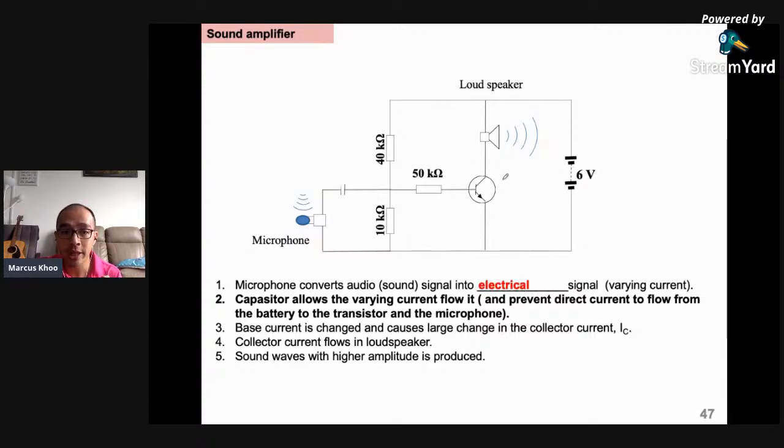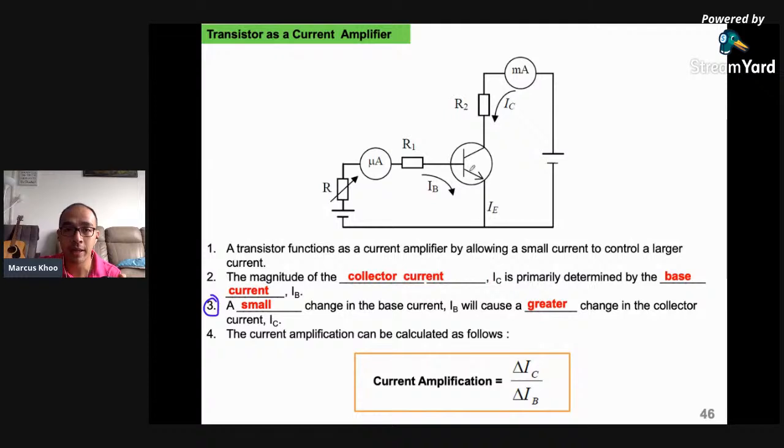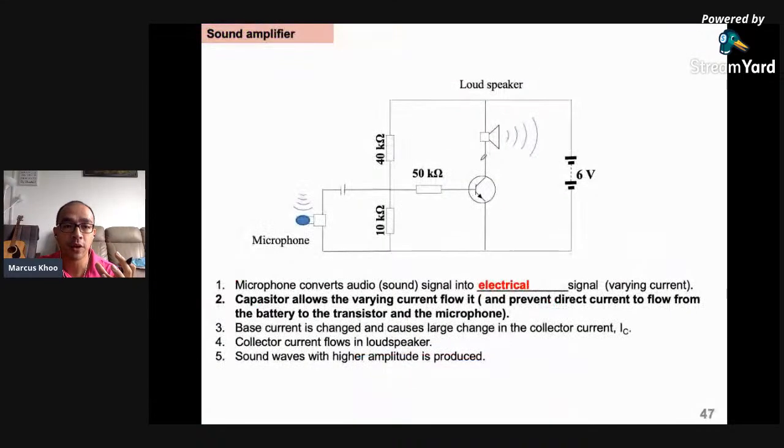Remember the transistor functions, like I said earlier: when you change the base current a little bit, the change in the collector current is much greater. You change a little here, it changes a lot here. That's the special thing about the transistor. The base current is changed and causes a large change in the collector current.